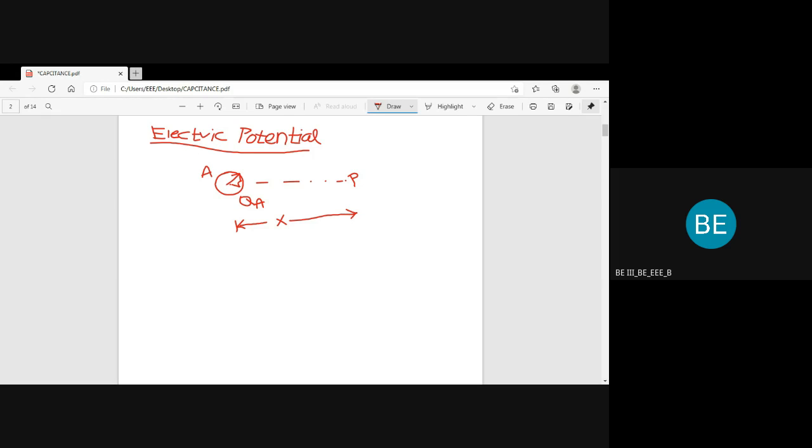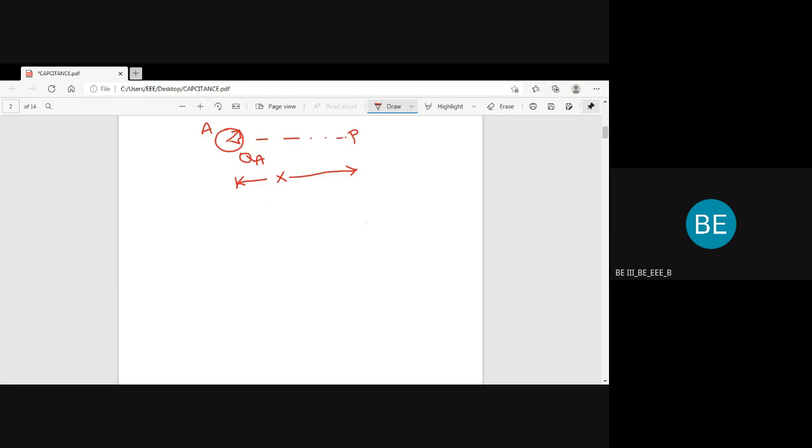First we are going to find the potential of a charged single conductor.